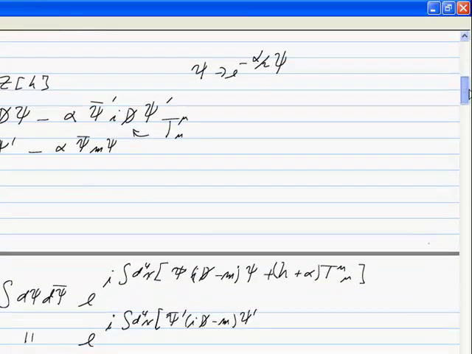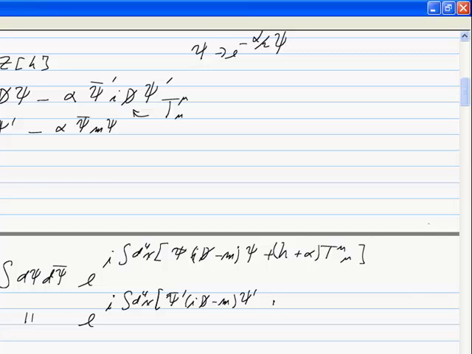So this turns into plus h T mu mu plus alpha m psi bar psi, and it's primes.